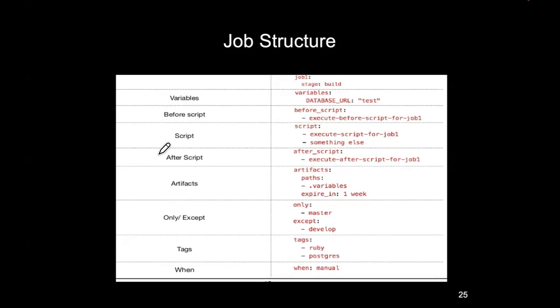Some of them are actually left out, but so far all we've seen is that in a job specification we can have a script. I suppose the assumption here is that the image part and the services part are part of a job specification as well. So they are left out of this screenshot here. But a job has a script, which we've seen.